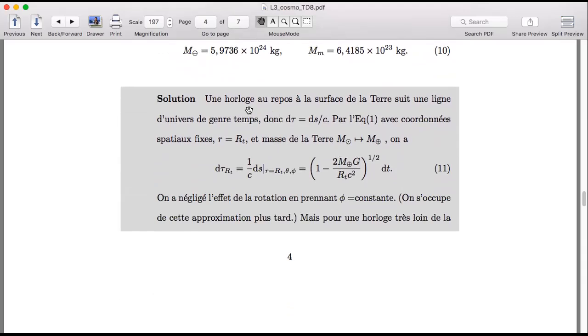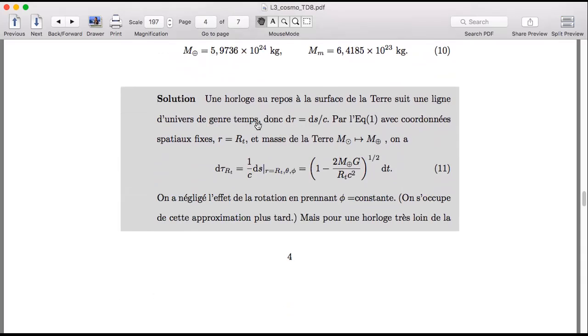Okay, so a clock at the surface of the Earth. Again, now let's forget about the solar system for a minute and just focus on the clock at the surface of the Earth. It's not following a geodesic, but it's following a world line.